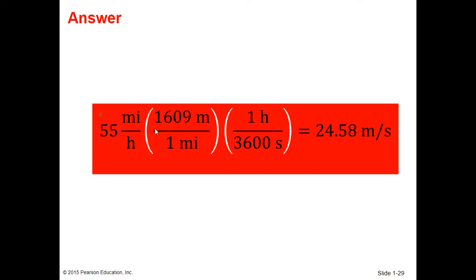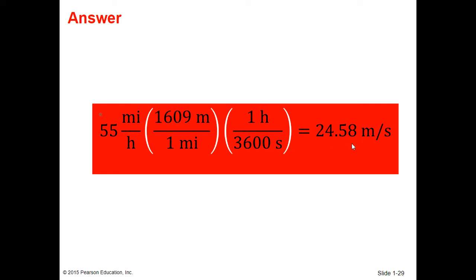Here the miles are on bottom, so they could cross out with the miles on top. So here on top we have the 1609 meters. Then we have 3600 seconds on bottom, and the hours will cancel out, the other hour here on top and bottom. So we're left with meters per second, which is the unit we want.